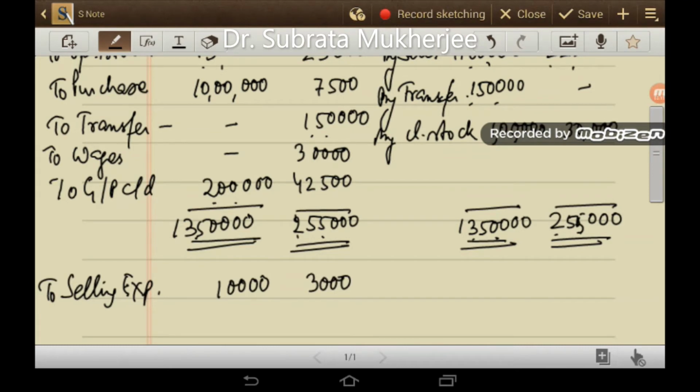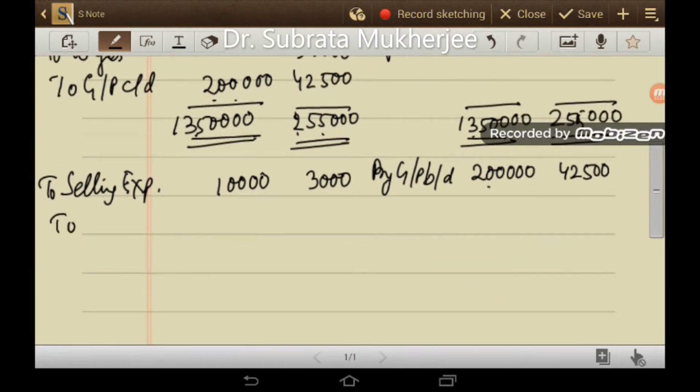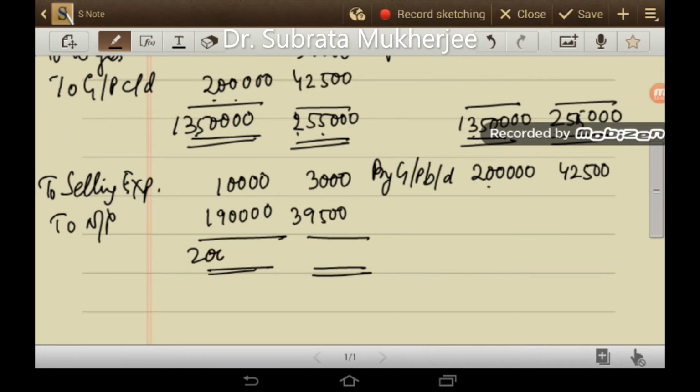Now by GP b/d, this is 2 lakh and 42,500. And the net profit of the sawmill department is 1,90,000 and 39,500, and both side total will be 2 lakh and 42,500.